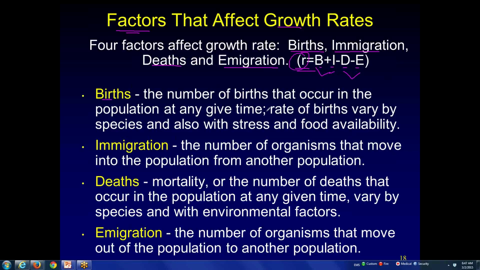So again, births: the number of births that occur in the population at any given time. Of course, this is going to vary greatly depending on species, and with stress and food availability. For example, if it's a mouse population, mice are known to have lots of babies at a time, say 6 baby mice in a litter easily.